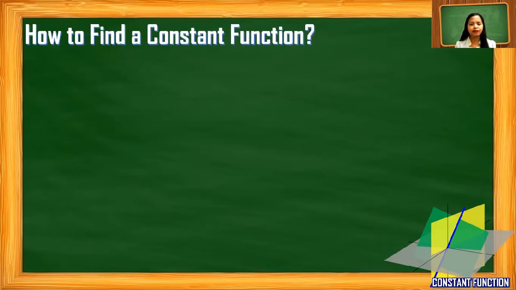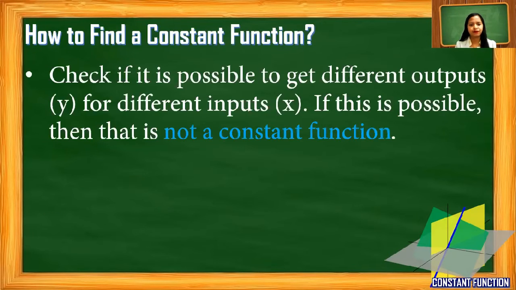So how are we going to find a constant function? First, we are going to check if it is possible to get different outputs, or values of y, for different inputs, or values of x. If this is possible, then that is not a constant function because there are different values of y, and a constant function should have one and only one constant depending on the given.